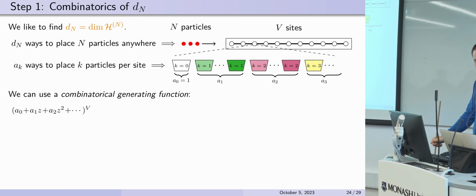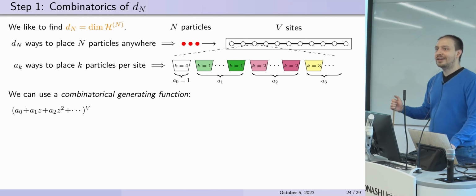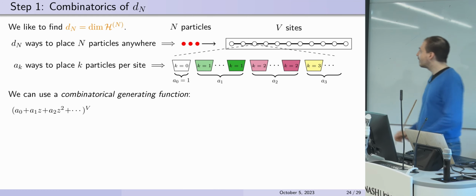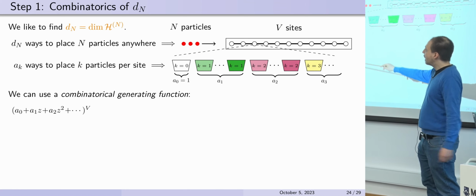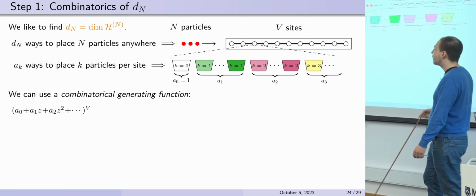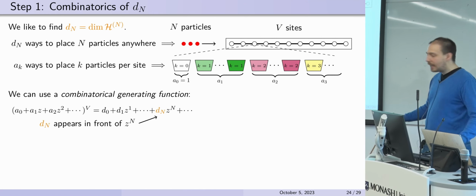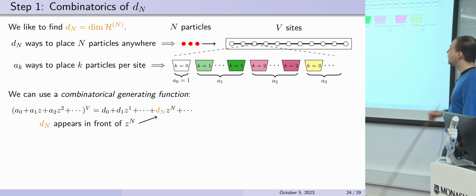So that's the question. And we can use a standard combinatorial trick, a combinatorial generating function. We take a polynomial in these integers a_k with an auxiliary variable z, take it to the Vth power, and the claim is the dimension is just the coefficient in front of z to the n.